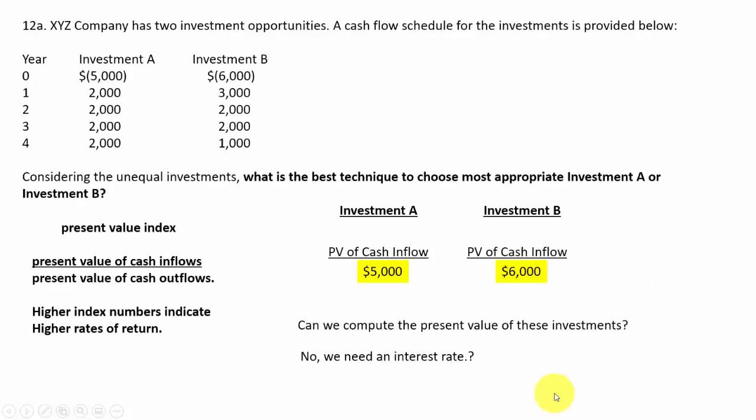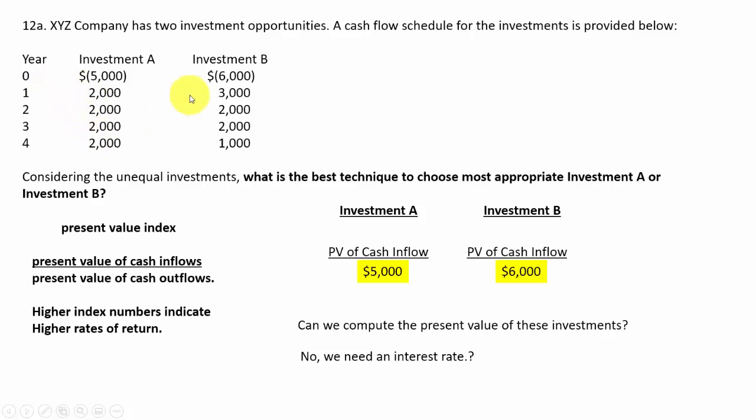Our next question starts with: XYZ company has 2 investment opportunities. The cash flow schedule for the investments is provided below. We have investment A and investment B. Investment A, you invest $5,000 in today's dollars, that's time 0, and then you get back $2,000 each year for the next 4 years.